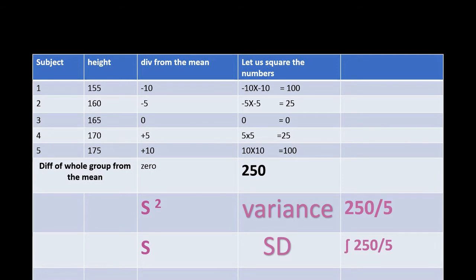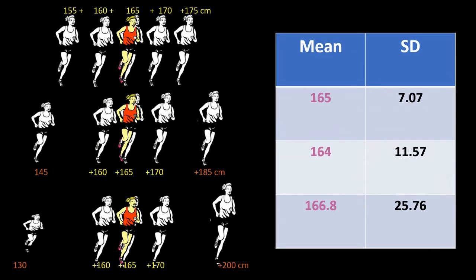If we take the square root, then we get the standard deviation. So the variance, or S squared, equals 250 over 5, while the standard deviation, S, is the square root of 250 divided by 5.